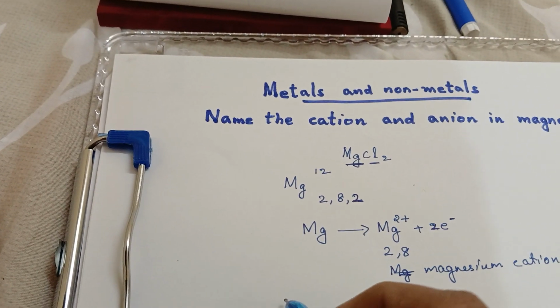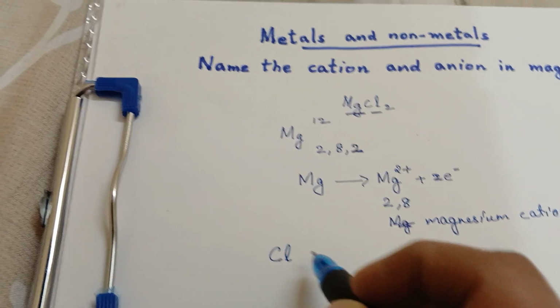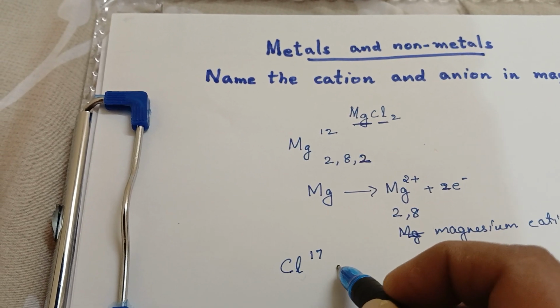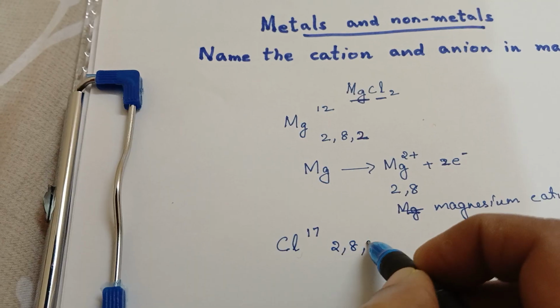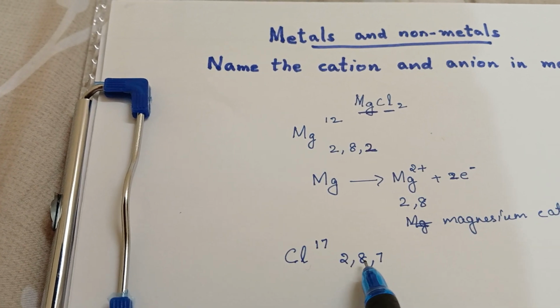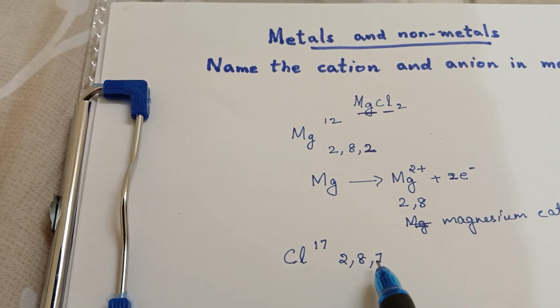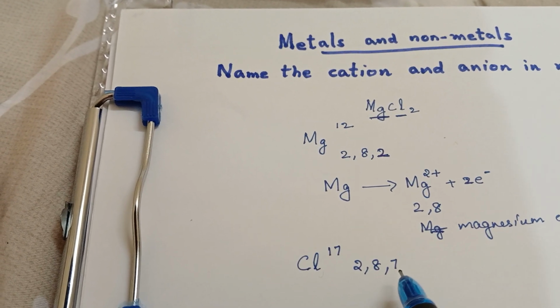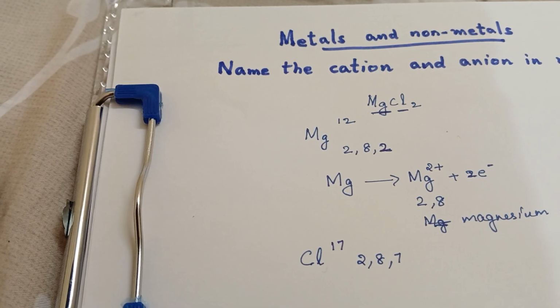And similarly, chlorine. Chlorine's atomic number is 17. Its electronic configuration is 2, 8, 7. So here, if chlorine receives one more electron, it can have the octet. That is, 2, 8, 8 will be its electronic configuration.